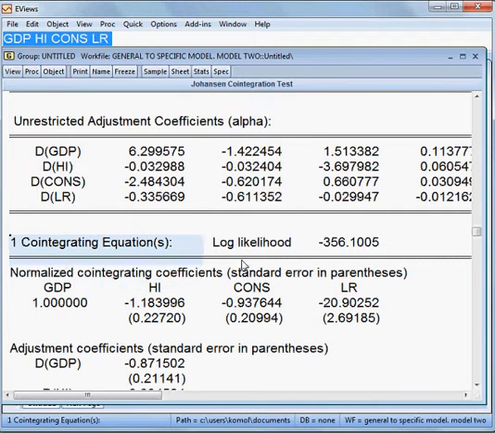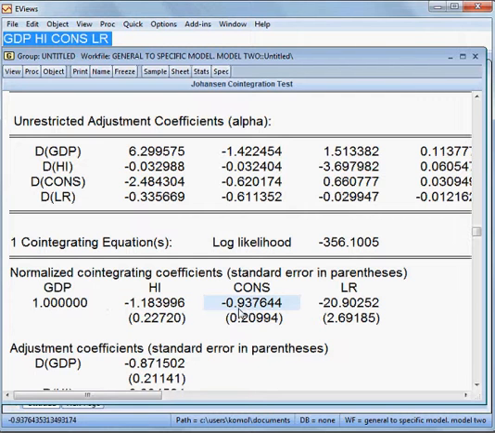So HI, cons, and LR are the long run coefficients.